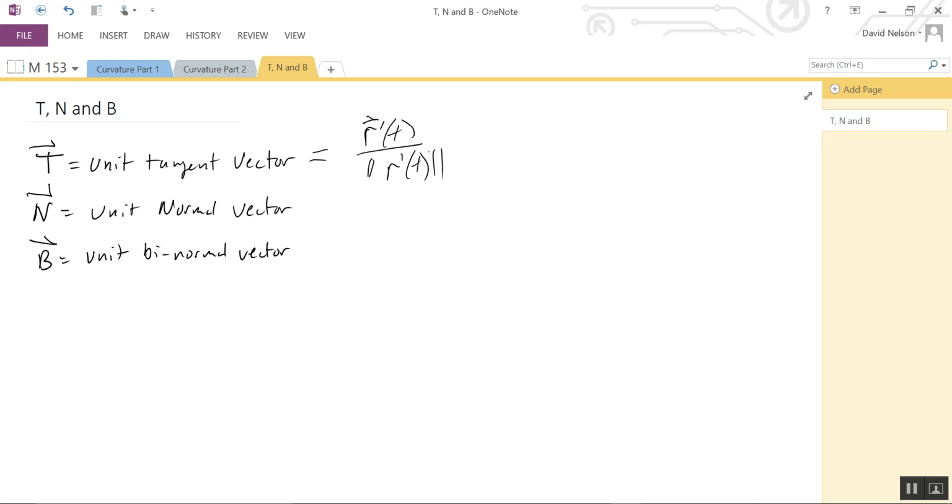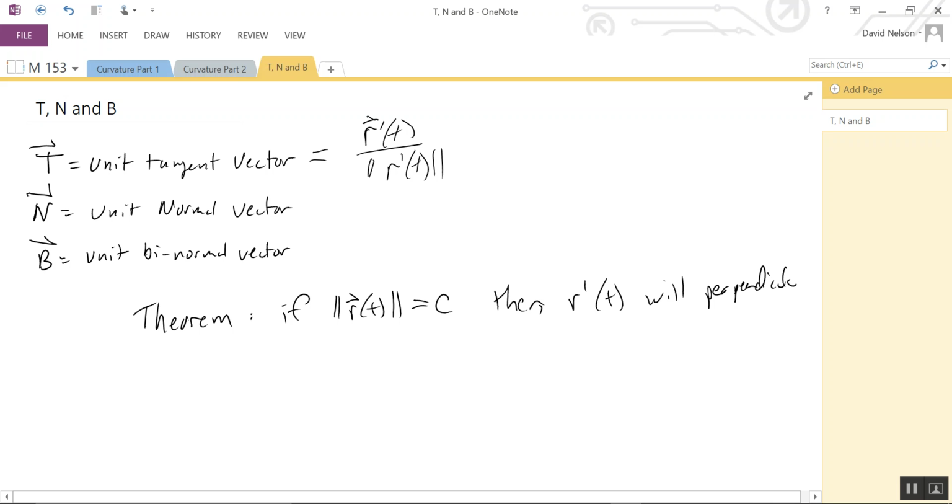Our unit normal vector, the way we're going to come up with that, there's a nice theorem that says that if the magnitude of r of t, so if you've got some vector valued function and the magnitude is a constant, then r prime of t will be perpendicular or orthogonal to r of t, to the original vector valued function.